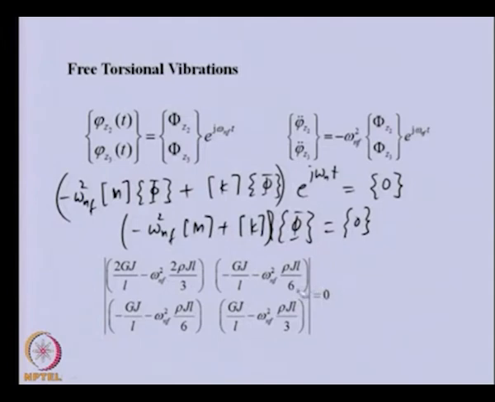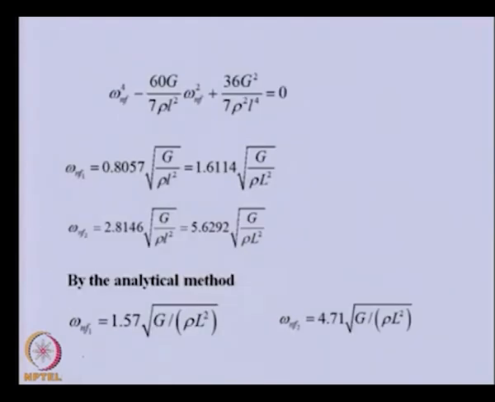So if we equate this, we will get a polynomial of this form, quadratic in omega n f square, and if we solve this quadratic equation, we will get the natural frequencies 1 and 2. So these are the natural frequencies of the system using the finite element method.